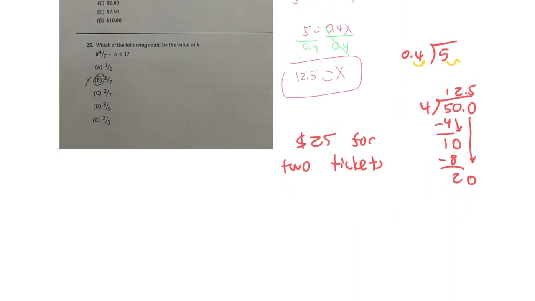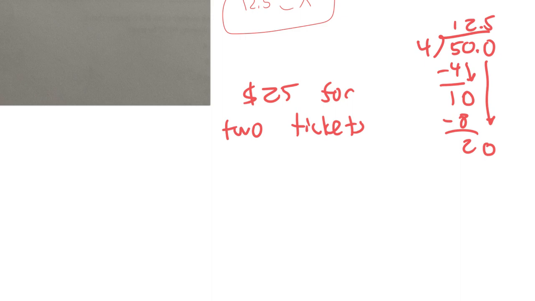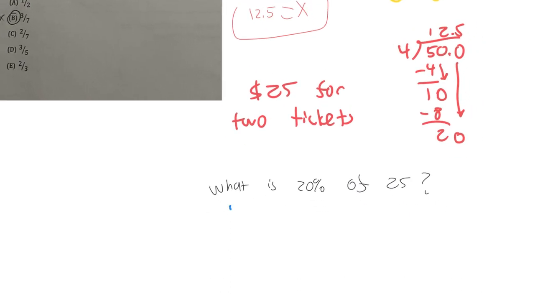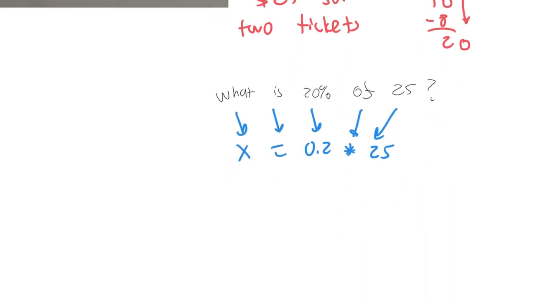So in other words, the question they're really asking is, what is 20% of 25? Because we already know that the cost of 2 tickets is 25. So directly translating, that's going to be x, that's going to be equals, that's going to be 0.2, that's going to be multiplication, and 25 is just itself. So at that point, all we have to do to solve for x, to solve for the unknown, is to multiply 0.2 times 25, and we are looking at $5 there.